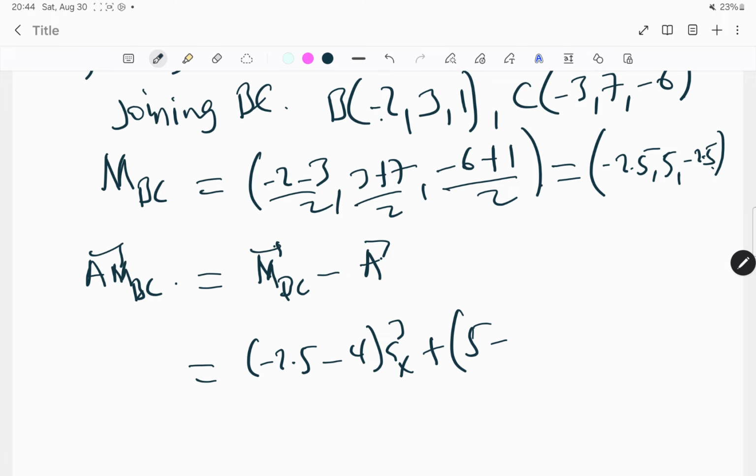And we have 5 minus 5 along y. Then the next one is plus -2.5, and the z coordinate of A is -1, so minus 1.